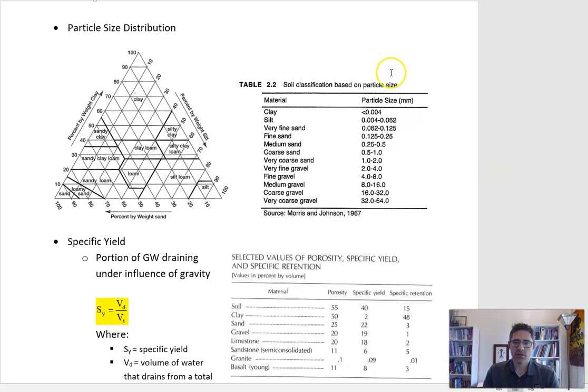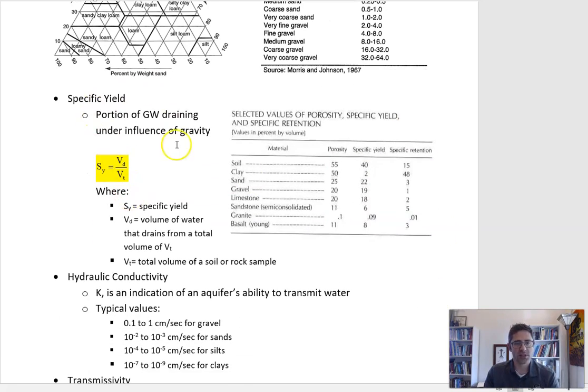I go through this and the porosity as review for you because you'll see them pop up in other tables. For example, when we're talking about specific yield down here, there's a table here that says for different types of soils, what are porosities and specific yields and so forth. Okay, so what is specific yield? Specific yield is what portion of the groundwater from an aquifer drains under the influence of gravity.